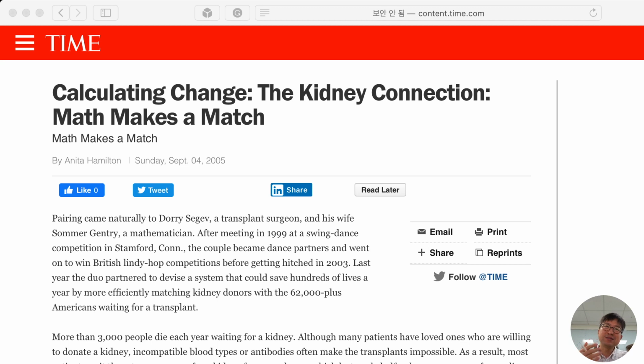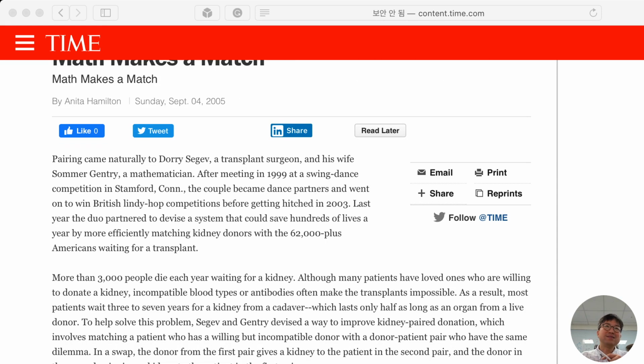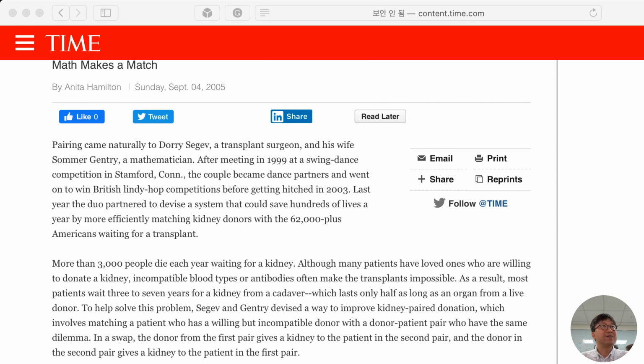This surgeon was dating a lady who was a mathematician, and the surgeon was telling her that in his hospital, one of the problems is to find the maximum matching, and they were using an ad-hoc method because they didn't know how to do it efficiently. She realized that this is a graph theory problem, and she remembered that there was an advanced algorithm which we are going to learn.